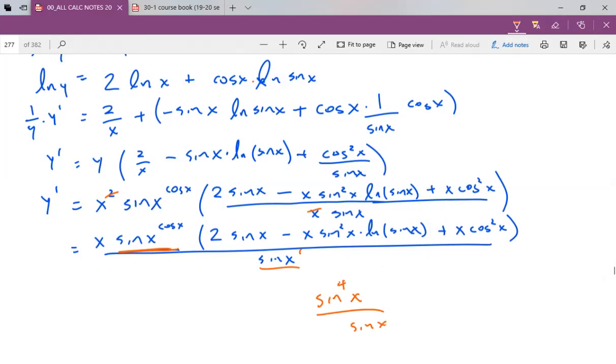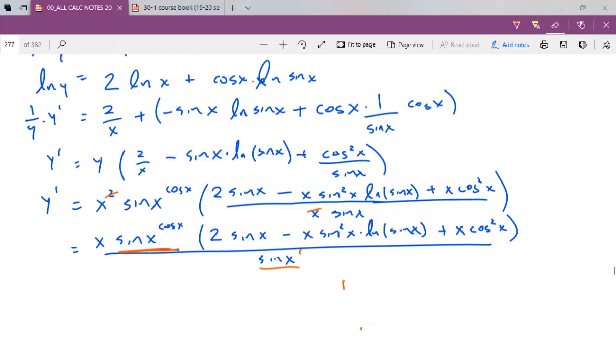That would divide out with one of those, and we would be left with sine cubed x upstairs, right? So we do have this case where you could subtract 1 from your exponent.